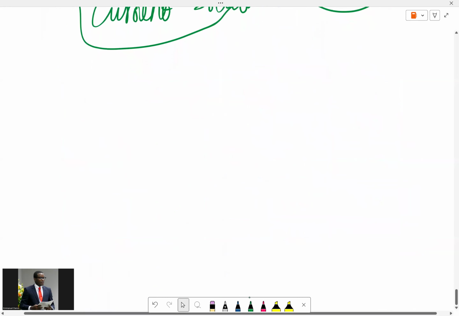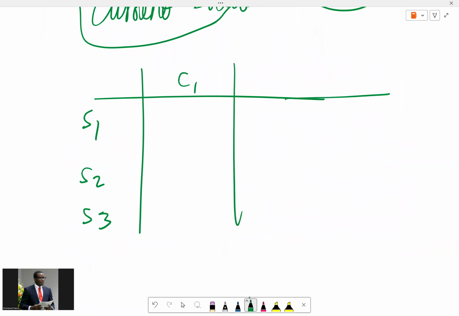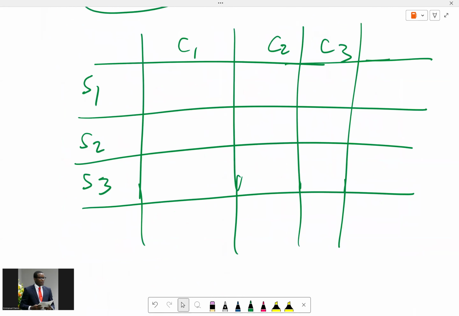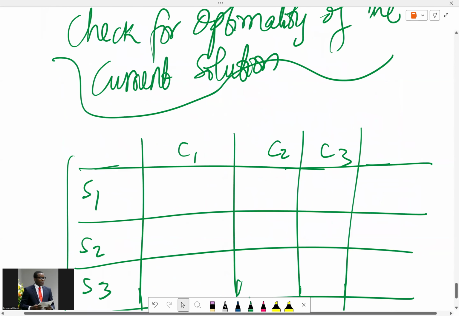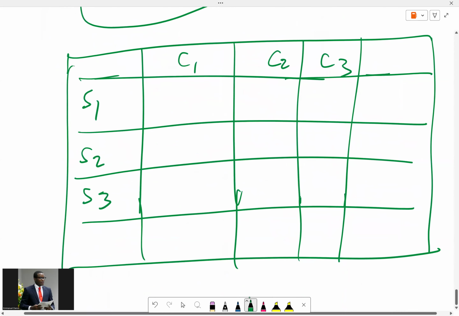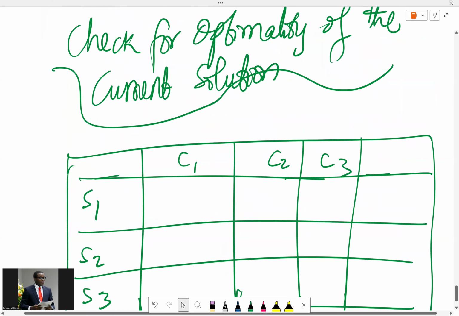So I have S1, S2, S3 again, then C1, C2, C3, then all this. Now, let's go again. The costs don't change, the costs remain the same.